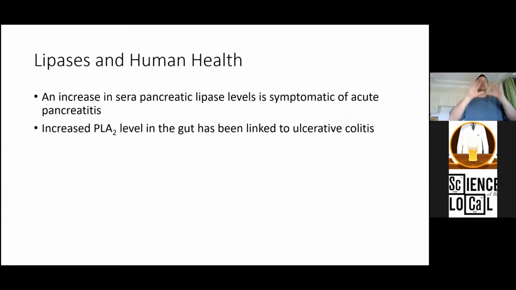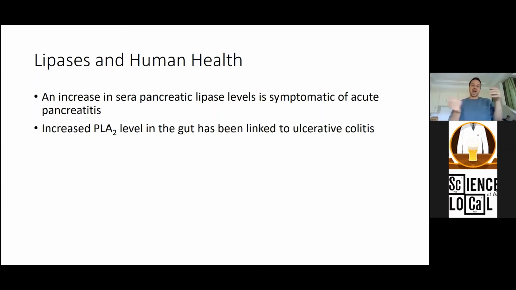But there's lots and lots of other things we can use this particular kind of sensor for. So your pancreas, for instance, releases phospholipase A's into the gut when it wants to break down the fats that you eat. And sometimes it also releases other lipases as well, which aren't phospholipases, but they do break up other fats. And we can create tethered bilayers of those other fats as well.